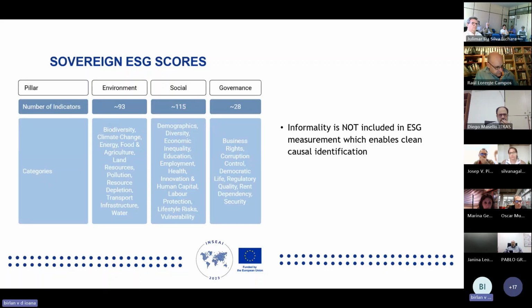Like I was saying, these ESG scores are aggregated from over 200 indicators and multiple components.